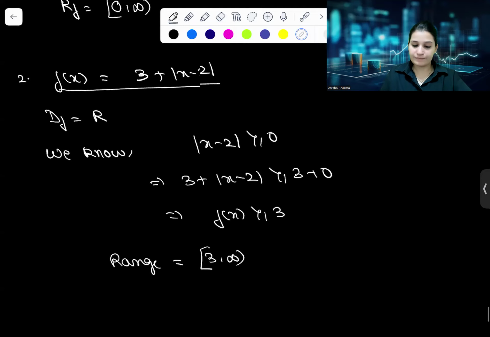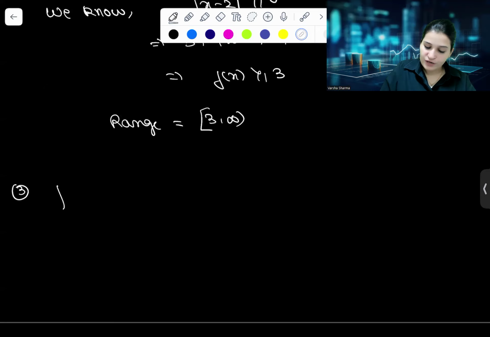Third, the function is 5 minus 2 mod x minus 7.